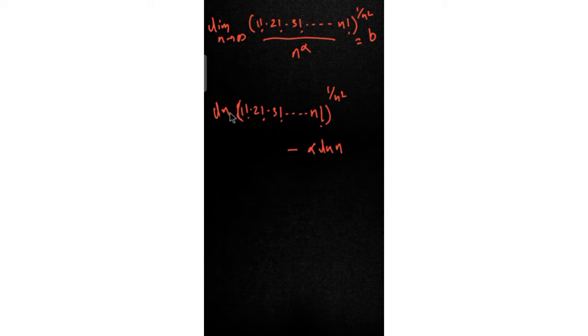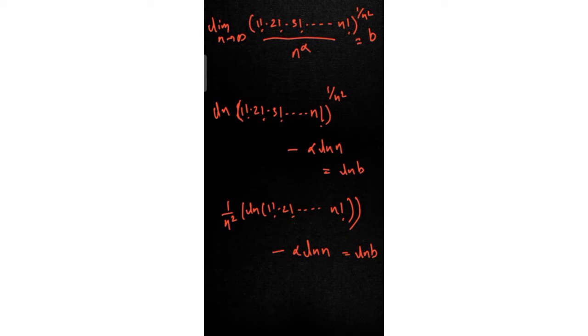So it's ln of (1 factorial into 2 factorial into 3 factorial into n factorial) whole power 1 by n squared, minus a ln n, is equal to ln b. Now, using the basic properties of ln and log, this is basically 1 by n squared of ln of (1 factorial into 2 factorial into so on into n factorial), minus a ln n, is equal to ln b. So this is the equation.